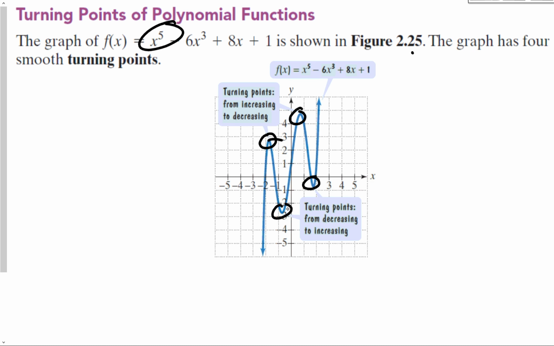We find the y-intercept by computing f of 0. We use symmetry. We determine whether or not the function is even or odd to help us graph other pieces. And then finally, use the fact that the maximum number of turning points of the graph is always n minus 1, where n is the degree of the polynomial function, to check whether it is drawn correctly. Okay, so that's going to be our check. And then, of course, if we need more information, pick more points to graph.